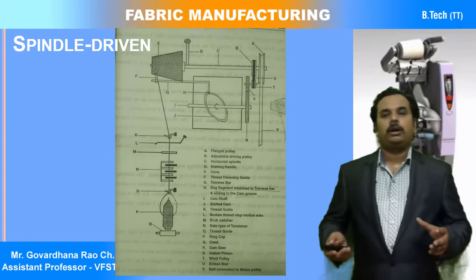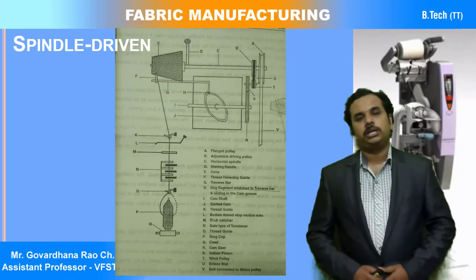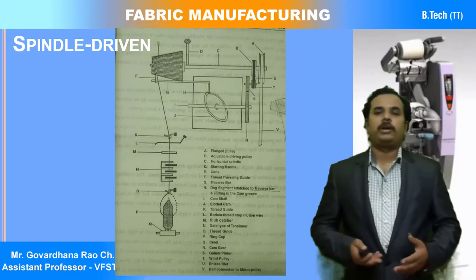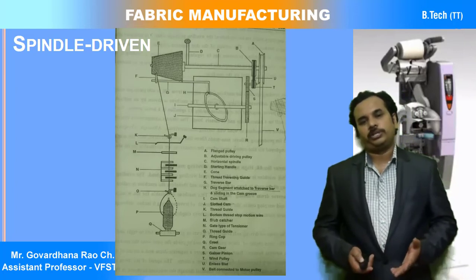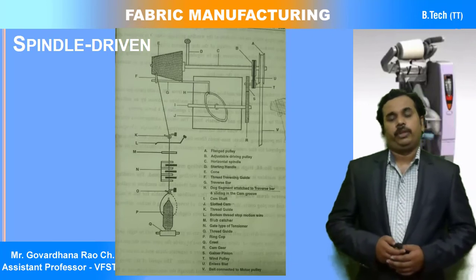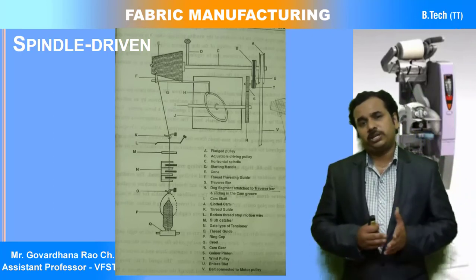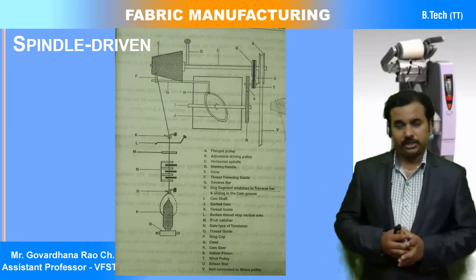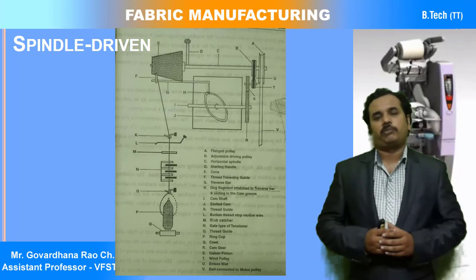The second winding machine is called spindle driven, or you can also say the precision winding machine. Now you can see the image. The remaining everything is the same, but there is a small difference: there is no groove drum present in the precision winding machine.